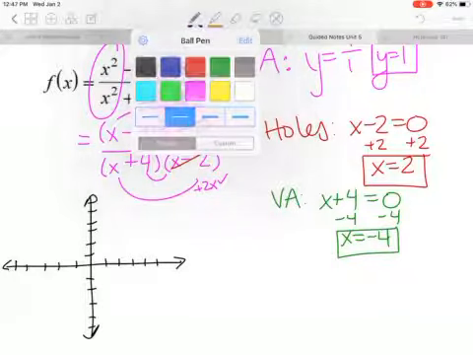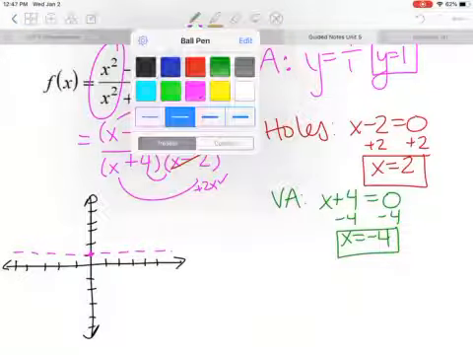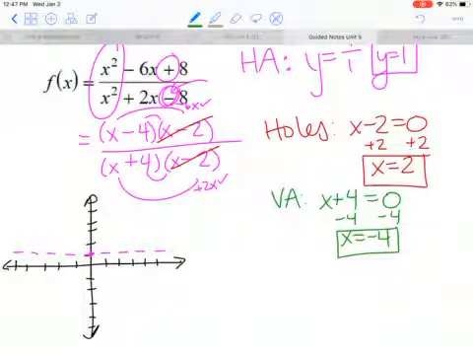So our horizontal asymptote is at y equals 1. So a dotted line through there, and horizontal being the keyword. We have a vertical asymptote at x equals -4, 1, 2, 3, 4. And we have a hole at 2, but we don't know where that graph is yet.